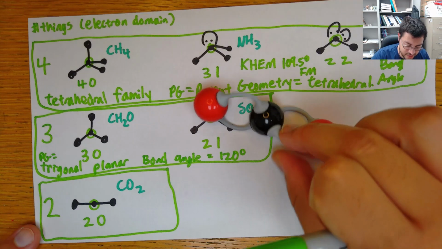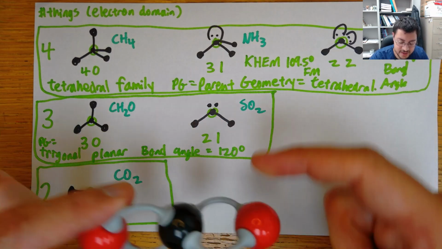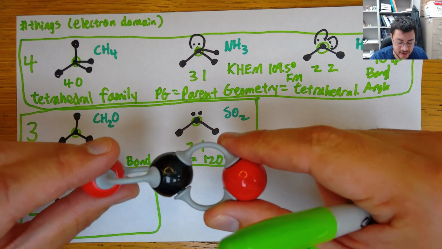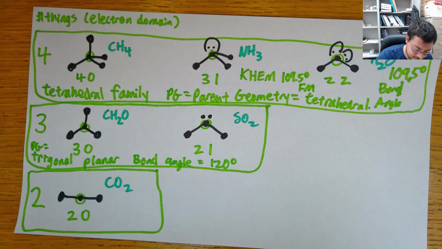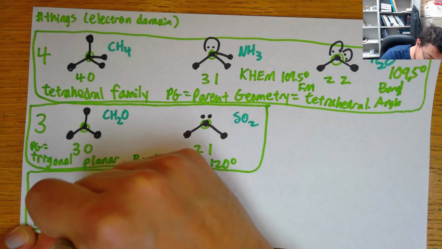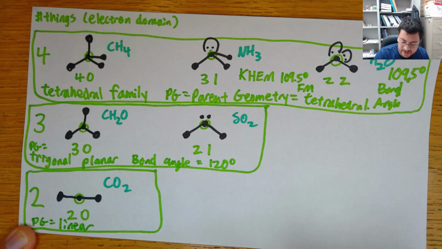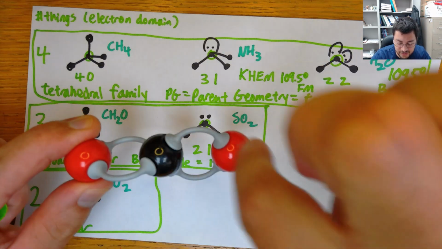And then lastly here we have carbon dioxide. Carbon, here's the first double bond, here's the second double bond, and it forms a straight line. So that's going to be easily named. The parent geometry is called linear. It's a straight line, and the angle is perfectly horizontal.